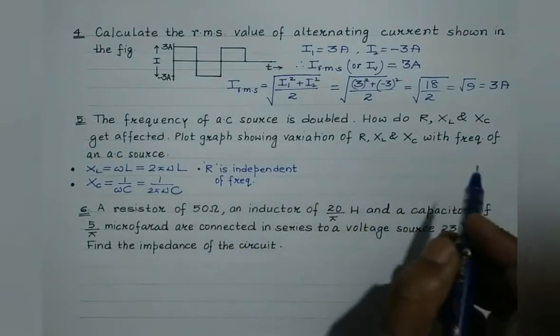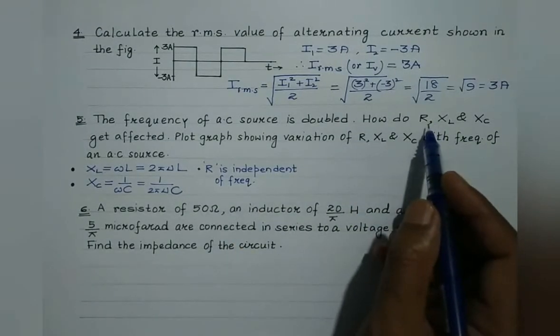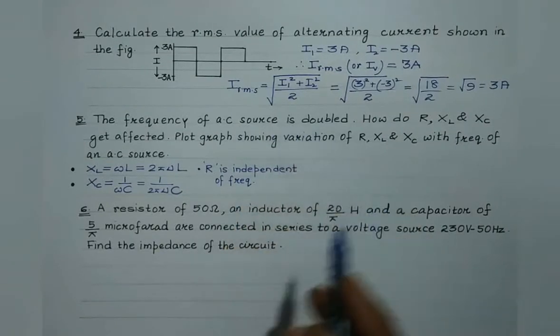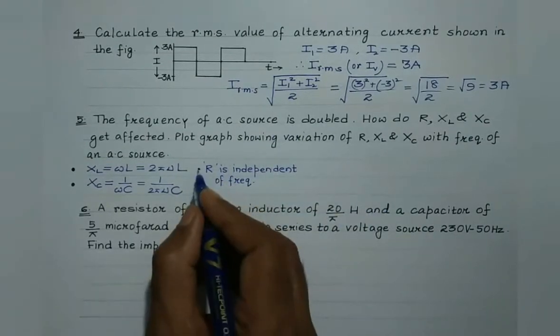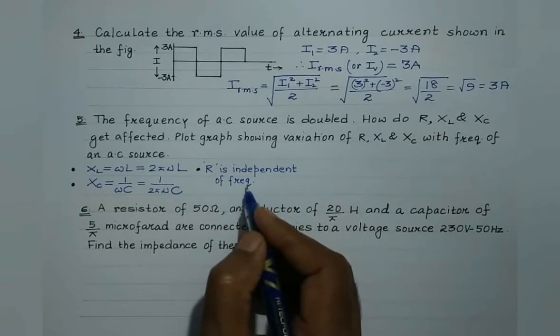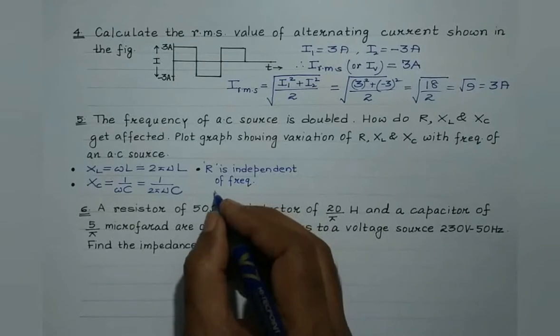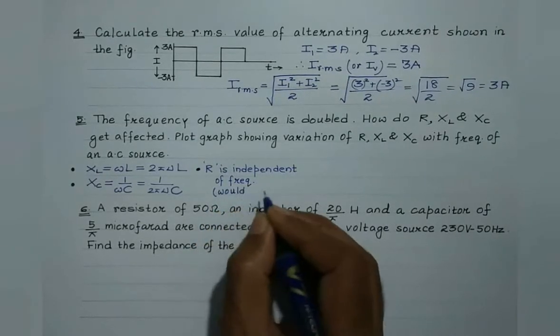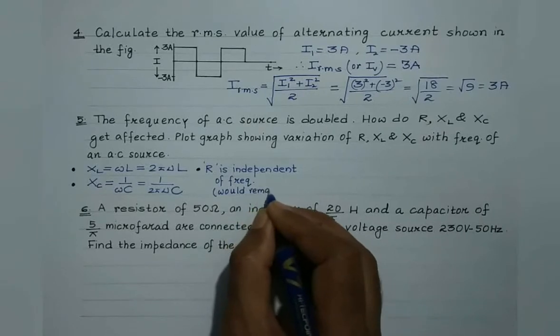So now let's try to answer the questions. How does R get affected on changing the frequency of the AC source? R, which is the ohmic resistance, being independent of the frequency of the AC source, would remain unaffected.